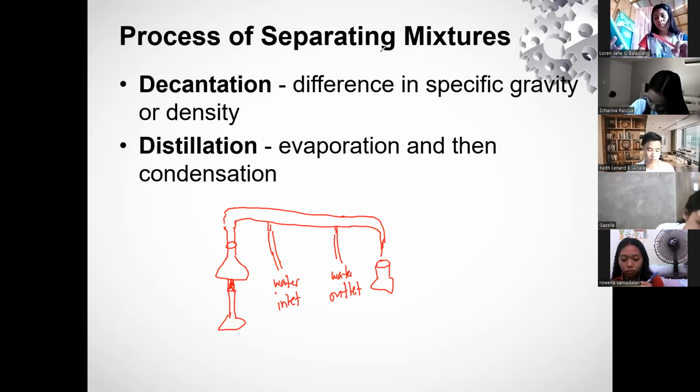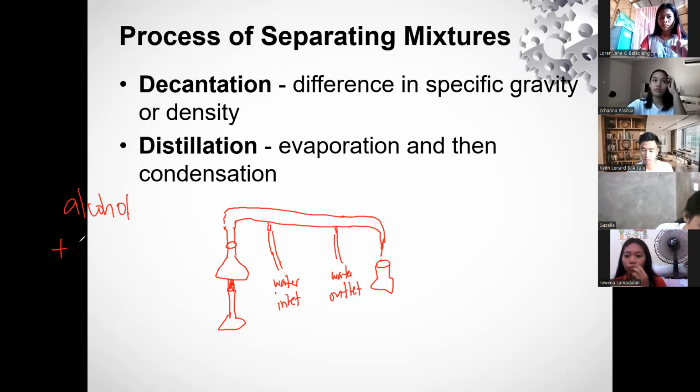So anong example class sa ginagawa sa distillation? Example, pinaghalo natin si alcohol and water. Again, pinaghalo natin si alcohol and si water. Now, we want to separate the two. Yes, we can do that kasi mixture lang yon.